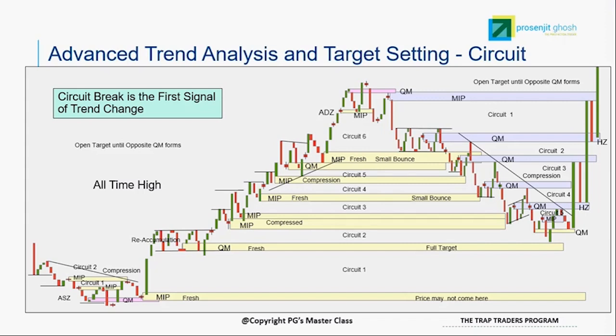You will not be able to buy here, sell here, buy here, sell here. All these things you will not be able to do. So it has its own importance and own characteristics. This helps a lot in understanding the price movement. So this is very, very important.